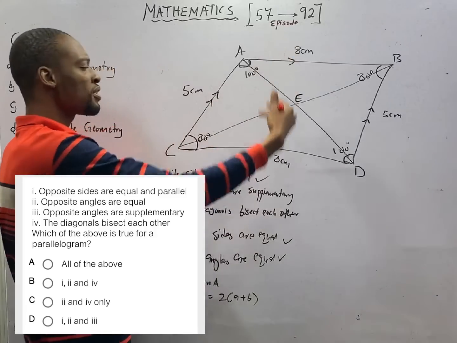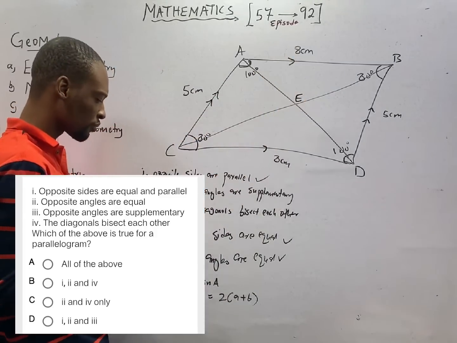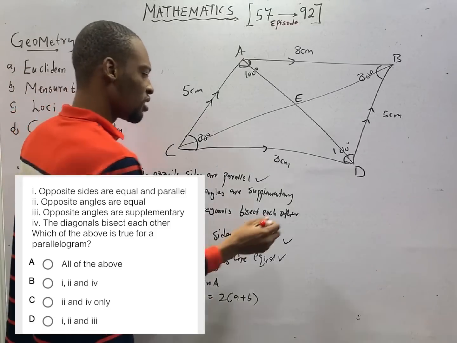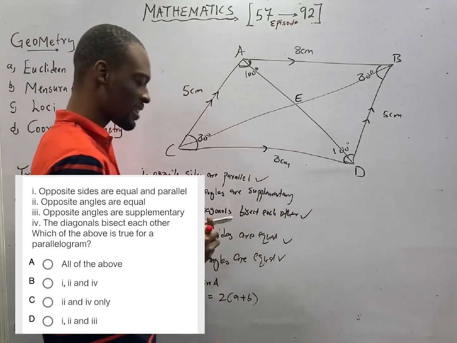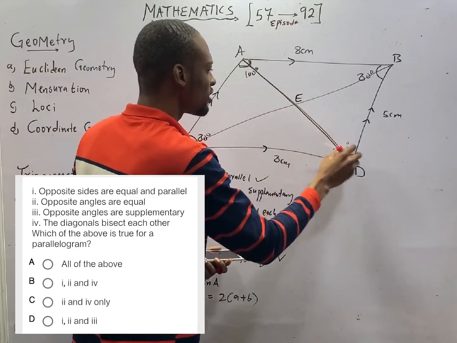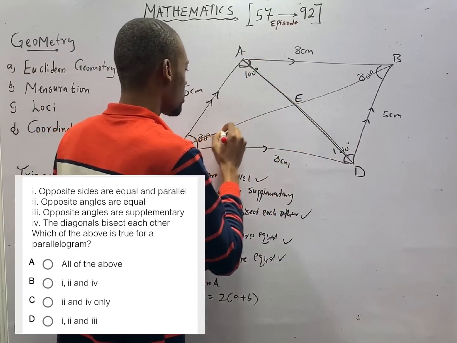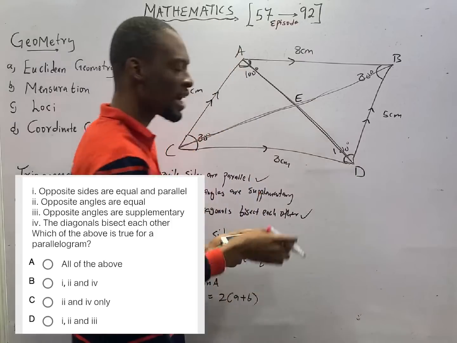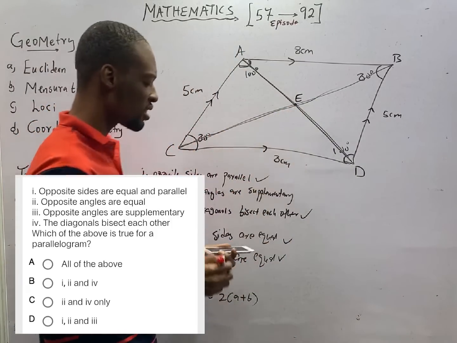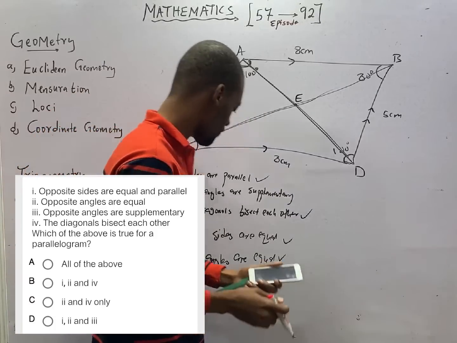So opposite sides are equal. Something else you should know is that the two diagonals bisect each other. Here is one diagonal, here is another diagonal. The parallelogram has two diagonals, and they bisect each other, as you can see on the board.